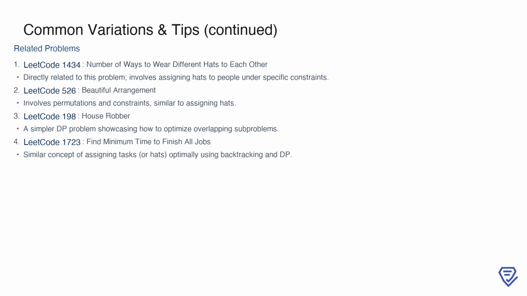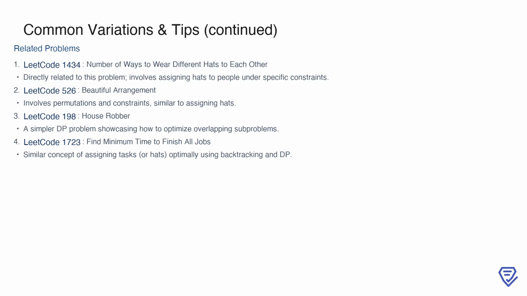This problem shares similarities with several others on LeetCode. For instance, problem 1434, number of ways to wear different hats to each other, is directly related, as it also involves assigning hats to people under specific constraints. Problem 526, beautiful arrangement, involves permutations with constraints, much like this problem.